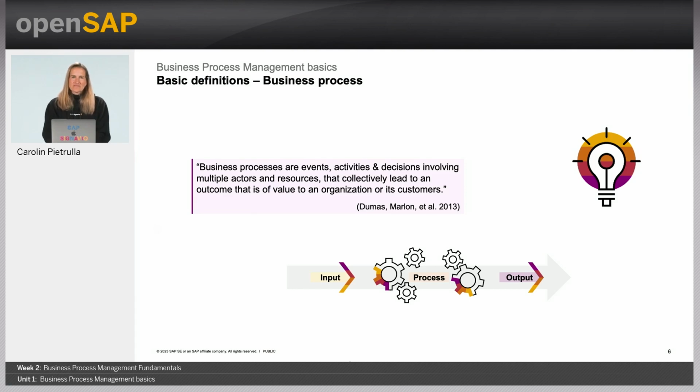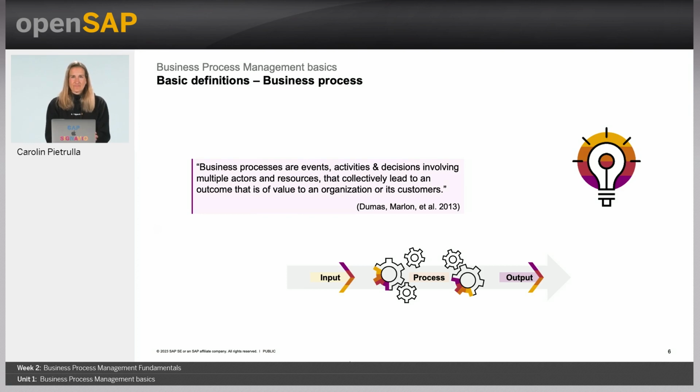Well, the authors define a business process as events, activities, and decisions involving multiple actors and resources that collectively lead to an outcome that is of value to an organization or its customers.